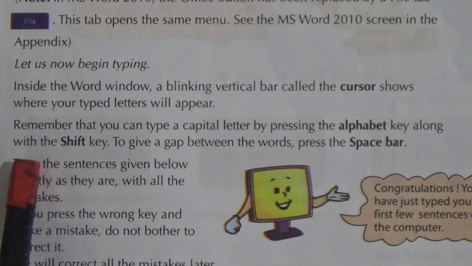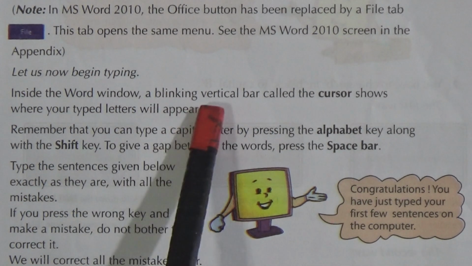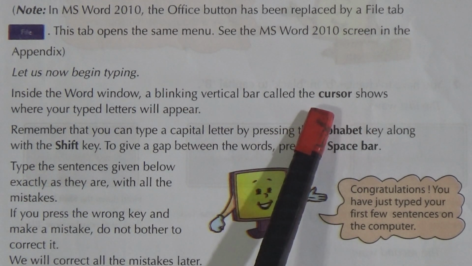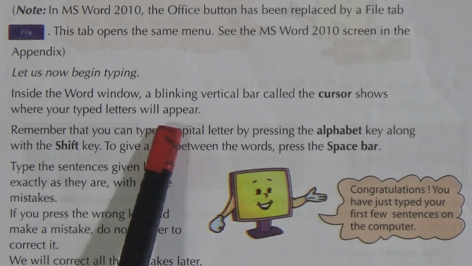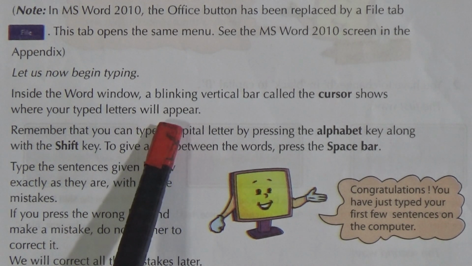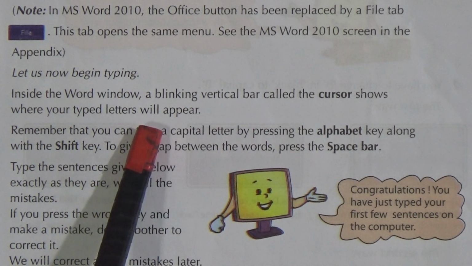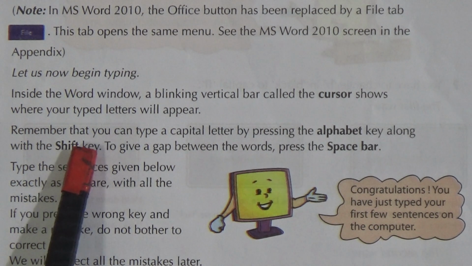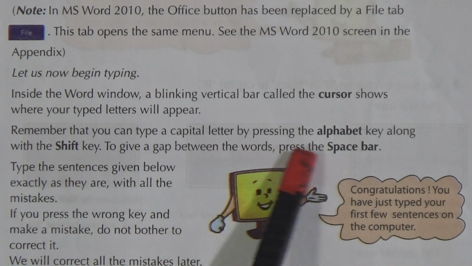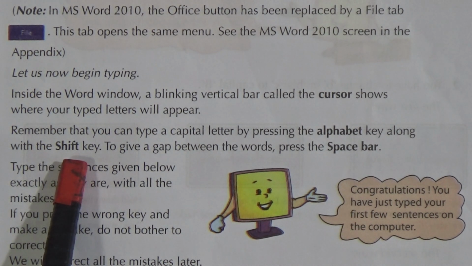So let's see here. If you begin typing inside the Word window, a blinking vertical bar called the cursor shows where your typed letters will appear. When you start typing in the blank page, the cursor, which is the blinking vertical bar, appears. Remember that you can type a capital letter by pressing the alphabet key along with the shift key.